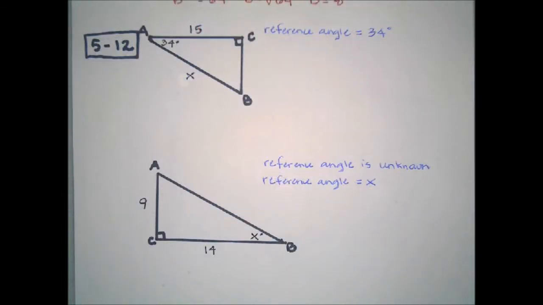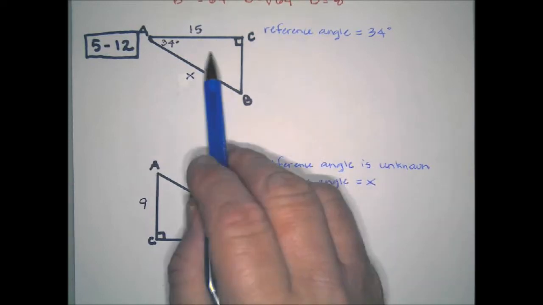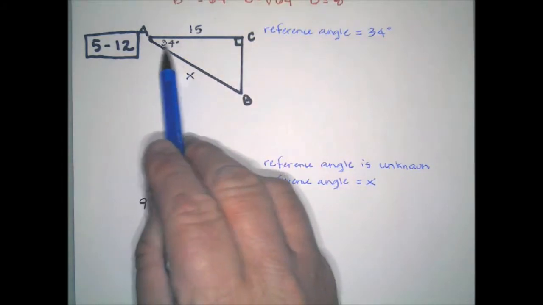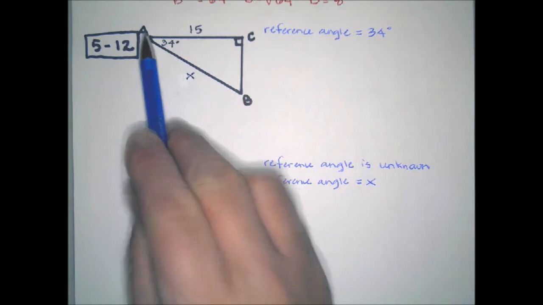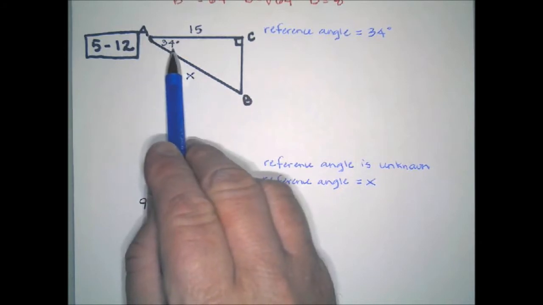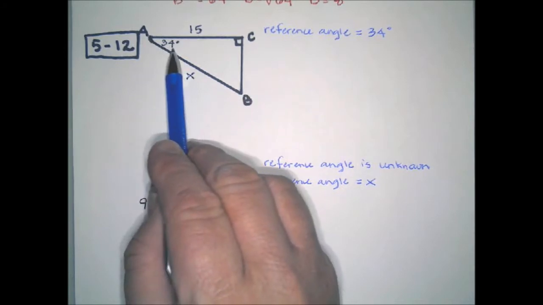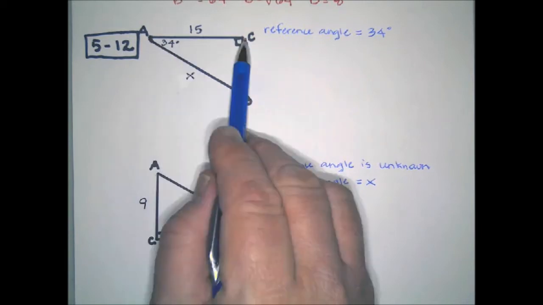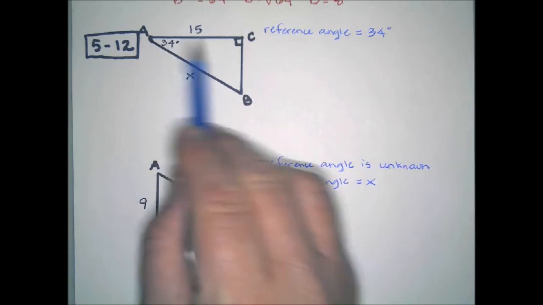The next couple of examples are going to help you with problems 5 through 12: using your calculator and getting the exact answer to a specific trig function. On my example problem right here, my reference angle is this 34-degree angle, angle A, that is known to be 34 degrees. From this 34-degree angle, this 15 would be the adjacent side.